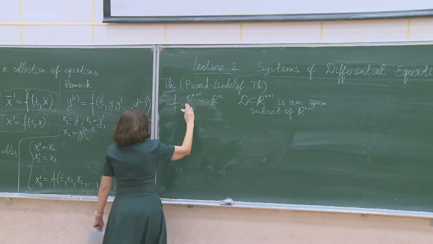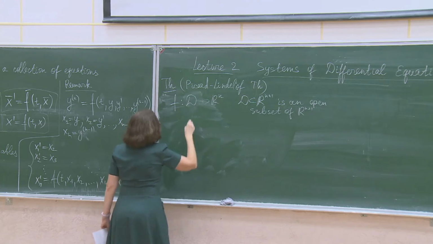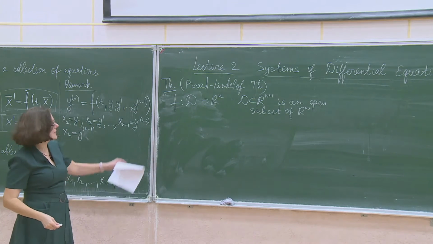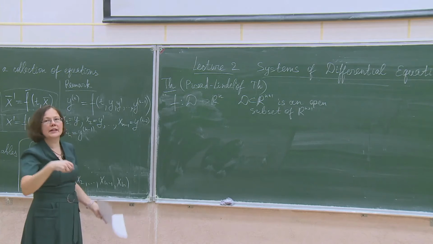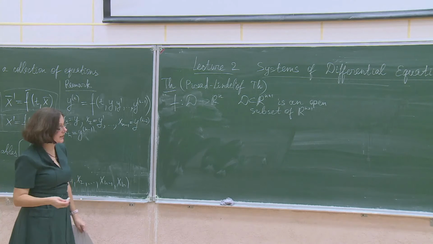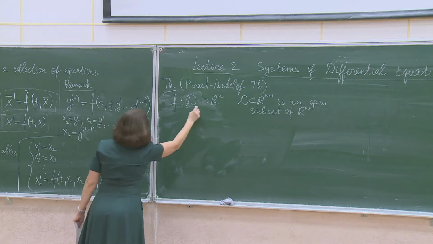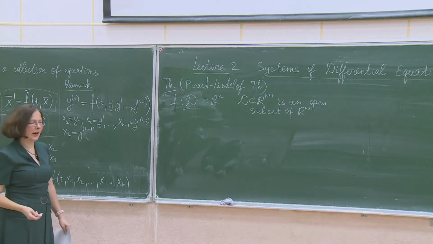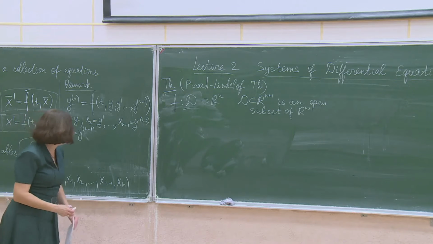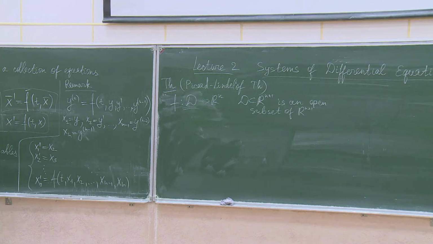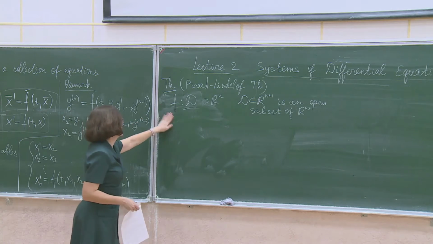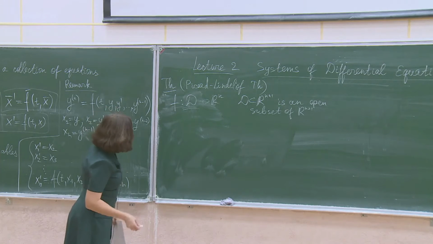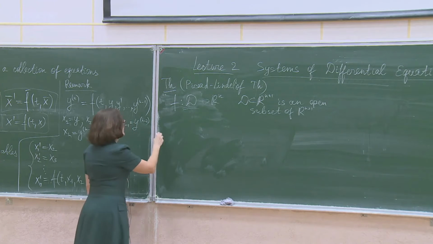So f would be defined in D, from D to R^n. Sometimes it is not defined in the entire space. So D would be the domain of the function. And I'd like to recall that the vector function f is continuous in D.